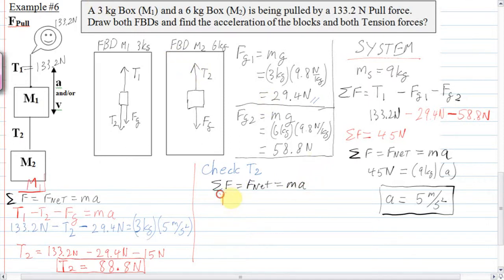That's the pull force up minus the force of gravity down is going to equal ma. T2 minus 58.8 has to equal the mass, 6 kilograms, times the acceleration, which is 5 meters per second squared.